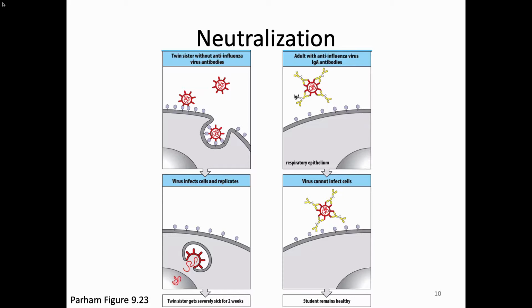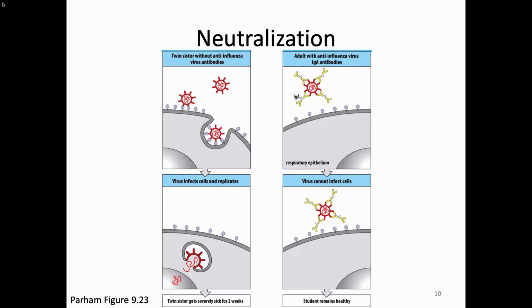On the left, you can see cells from a person that are getting infected with a virus. That virus is binding to a receptor on the host cell, which lets the virus into the cell, lets the virus do its stuff.